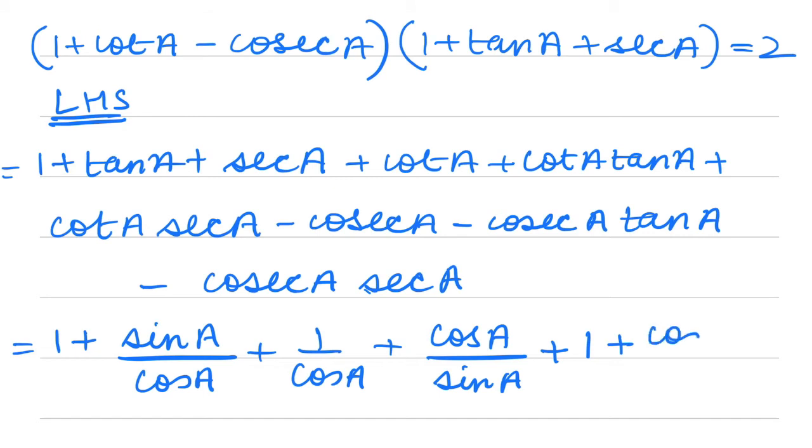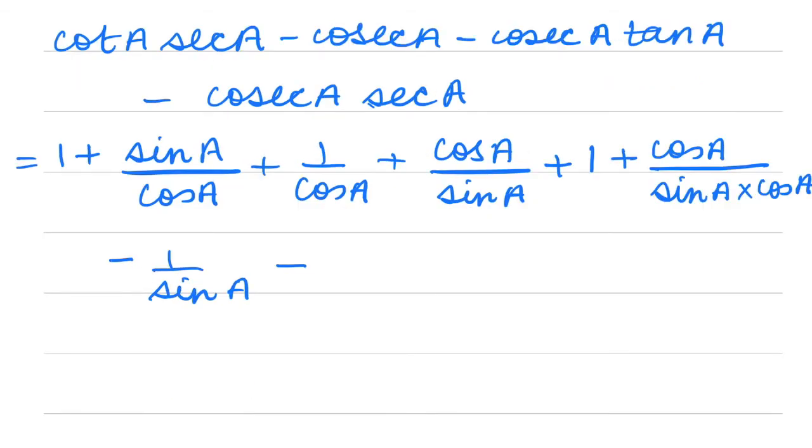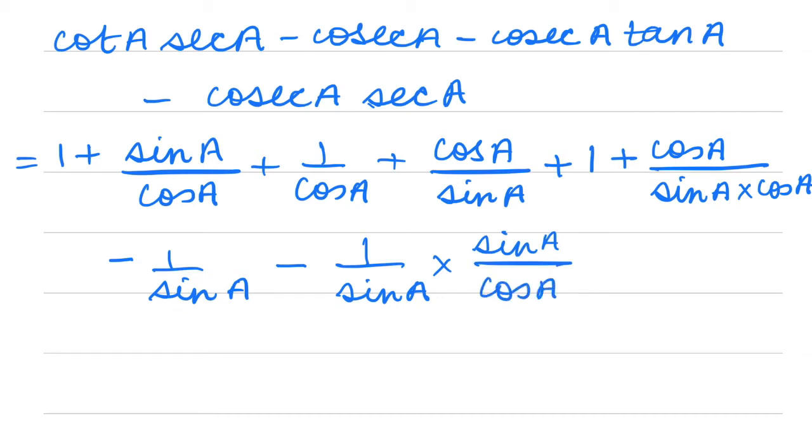Plus cot is cos A by sine A multiplied by sec A, so sec is 1 by cos, so multiplied by 1 by cos A. Then cosec is 1 by sine A, minus cosec A is 1 by sine A multiplied by tan A, so sine A by cos A, minus cosec is 1 by sine A multiplied by 1 by cos A.